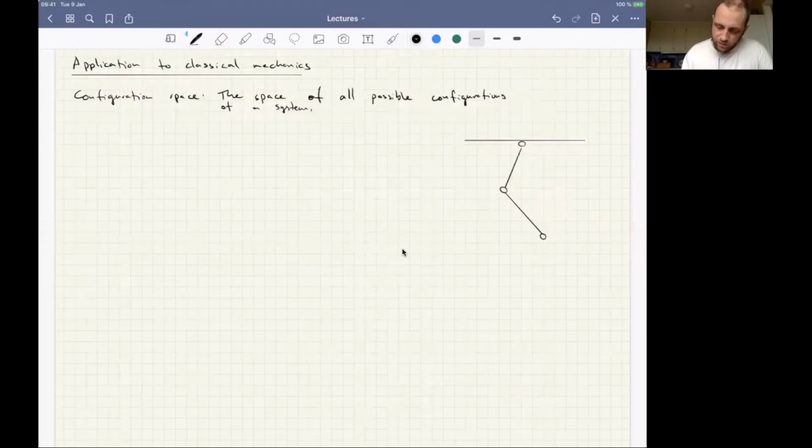What's the configuration space? Well, it's all of the possible positions that this double pendulum might be in, and that is a two-dimensional space, described by two coordinates. I can take them to be theta and phi.